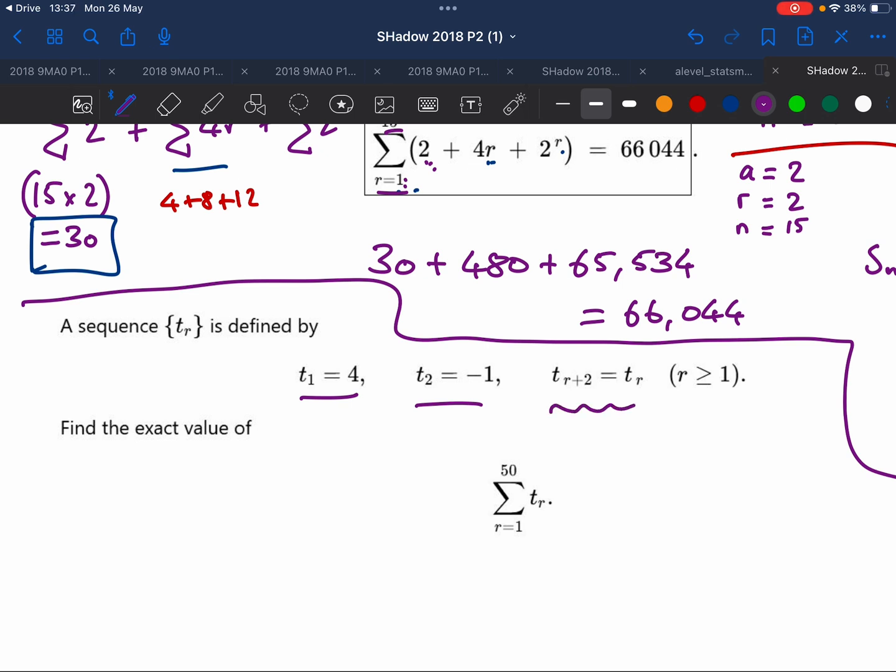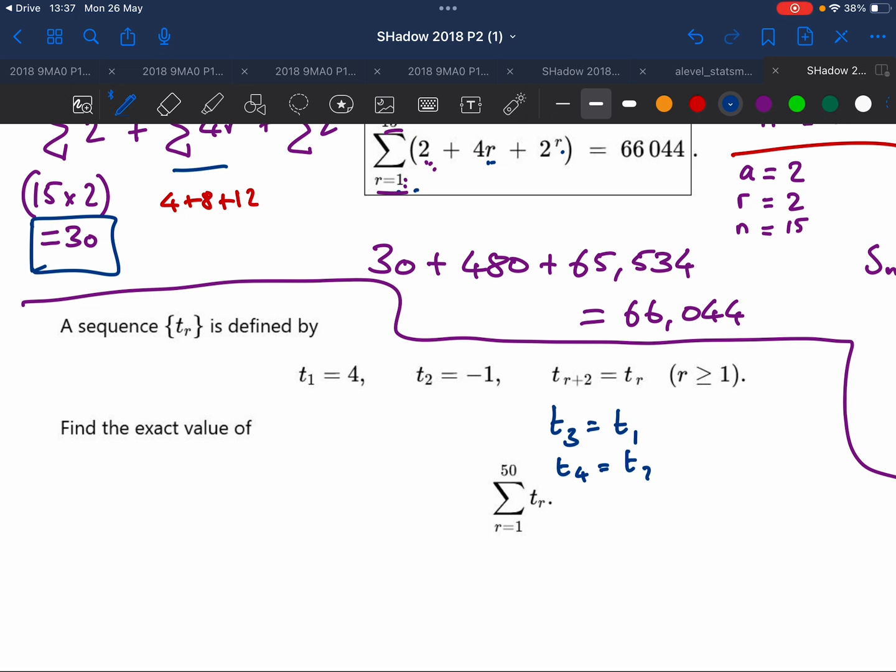That's what this is trying to say. So how do you read that? Well, T3, for example, if there's a 3 there, it means the r bits are 1. So it's trying to say to you that the third is the same as the first. That would also mean, wouldn't it, the fourth is the same as the second, and so on and so on.